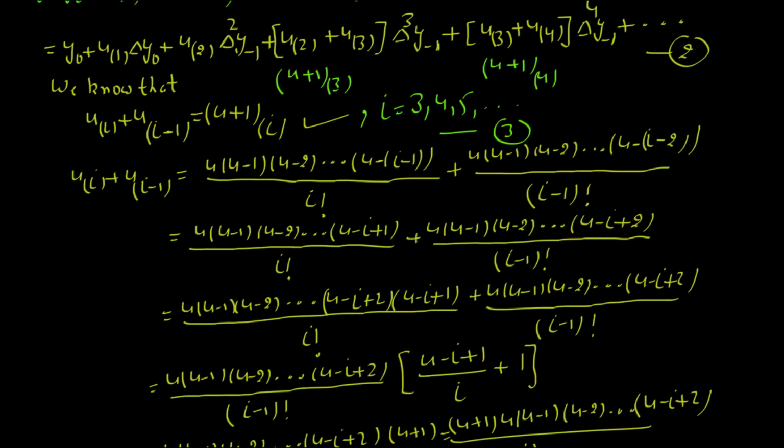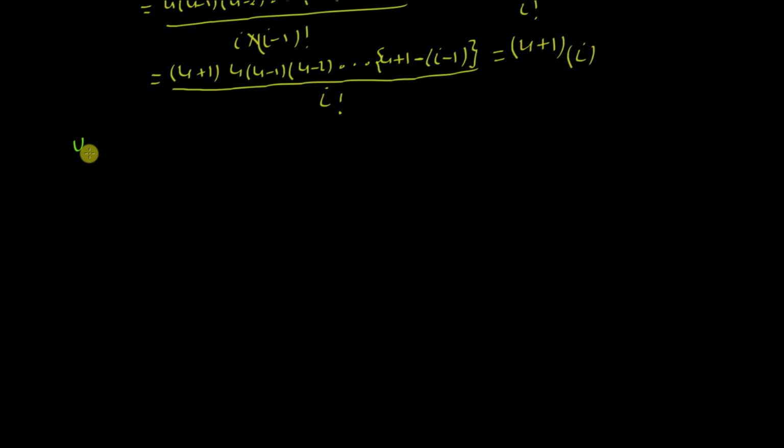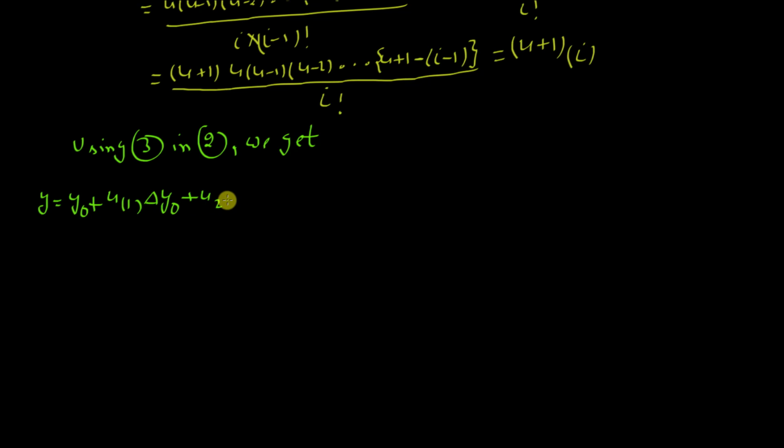So now using this formula, we will be writing it over here, and we get y is equal to y naught plus u1 delta y naught plus u2 delta square y minus 1 plus u plus 1 subscript 3 delta cube y minus 1 plus u plus 1 subscript 4 delta 4 y minus 1.